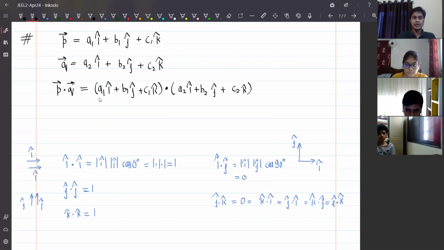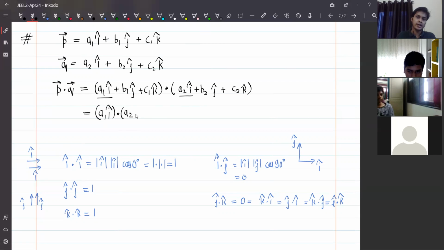So first, A1 I cap will have a dot product with A2 I cap. This will be multiplied with this. So A1 I cap dot product with A2 I cap will be A1 A2, because the angle between them is 0 degrees, so A1 into A2 into cos 0.